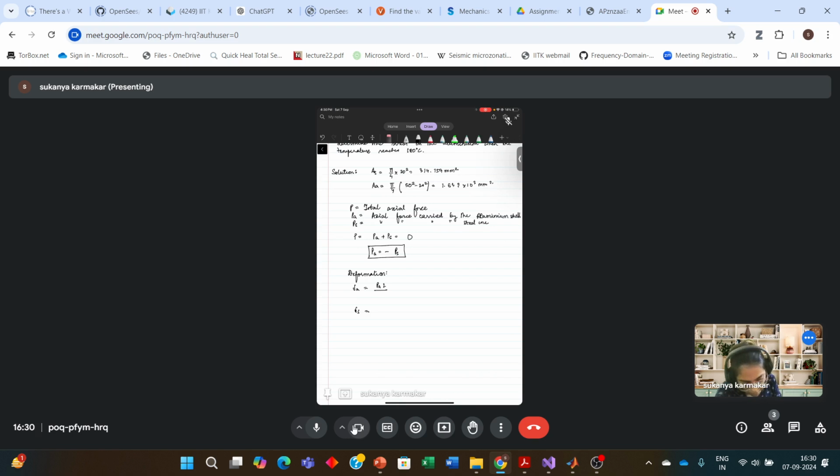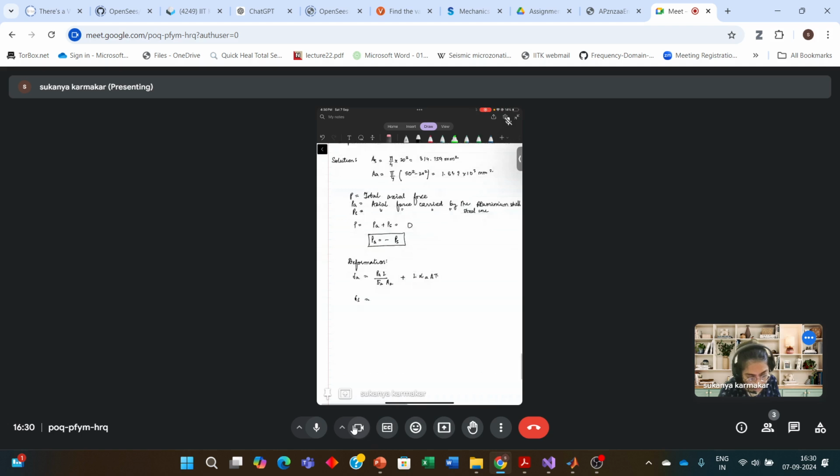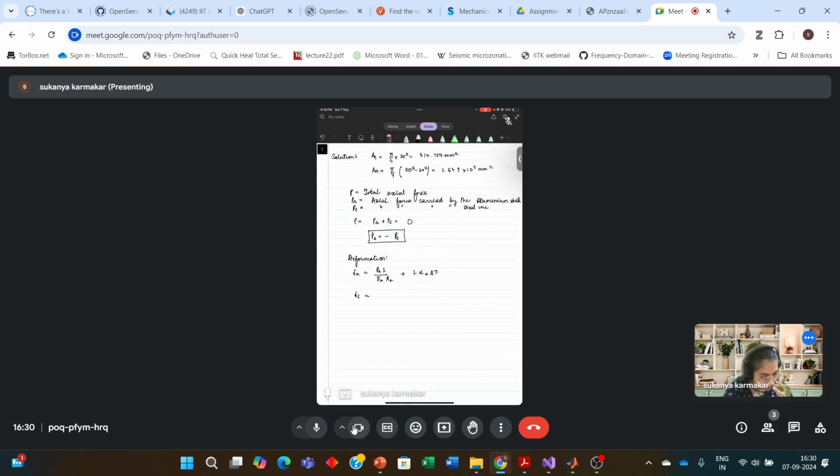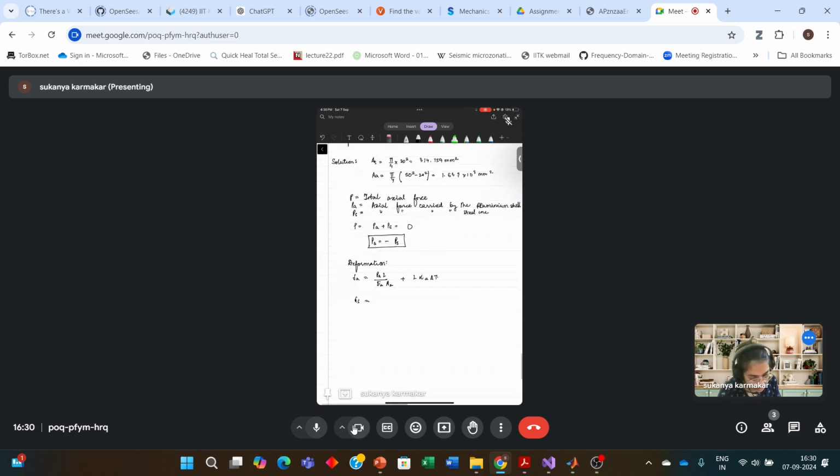So PA L by E of aluminium and area of aluminium, and because of increase in temperature, it is L alpha A delta T. And in steel, it is PS L by E of steel, area of steel, plus L alpha of steel delta T. Now, these deformations have to be equal because it can't lose bond.